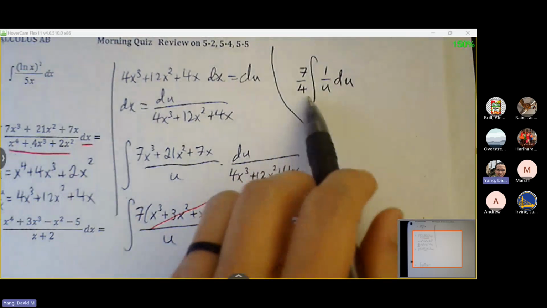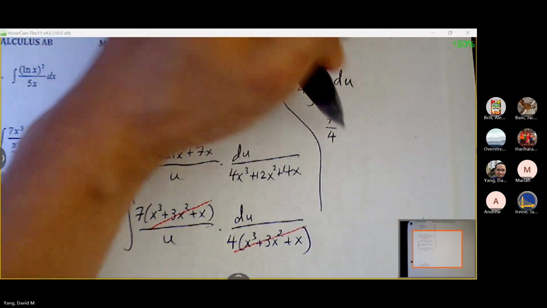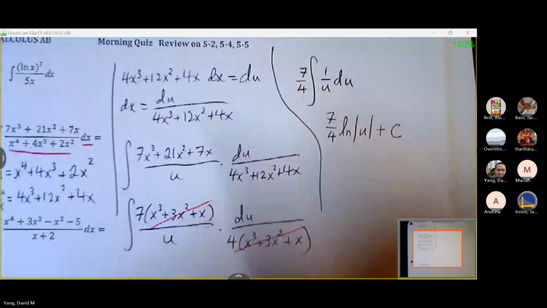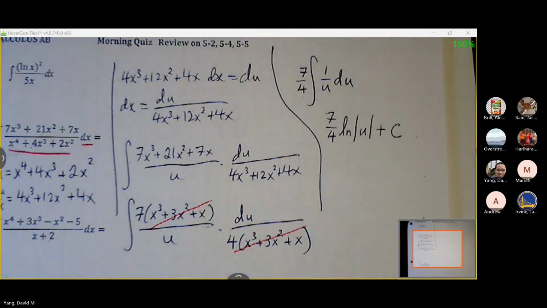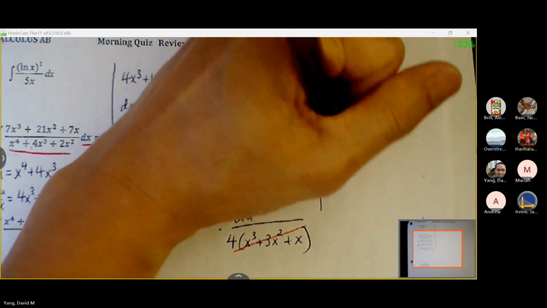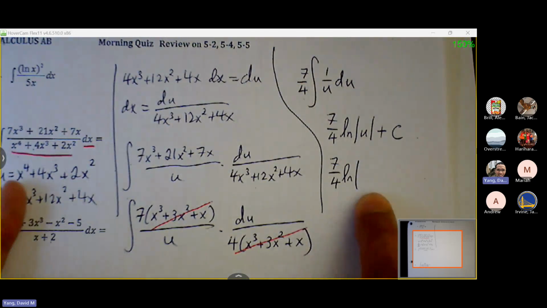And now we have a nice natural log rule. And then replace the u back in terms of x.